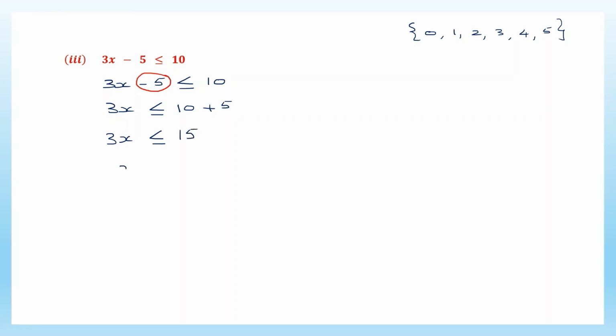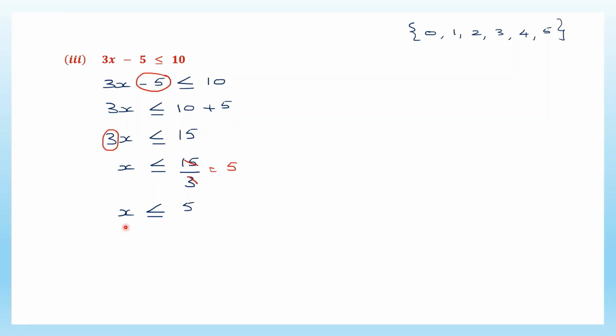Now we can find the value of x. x is less than or equal to 15 divided by 3, because I have transposed 3, which is multiplication here, to the right hand side. So x is less than or equal to, now 15 divided by 3 is 5. So here I write 5. So what does this say?